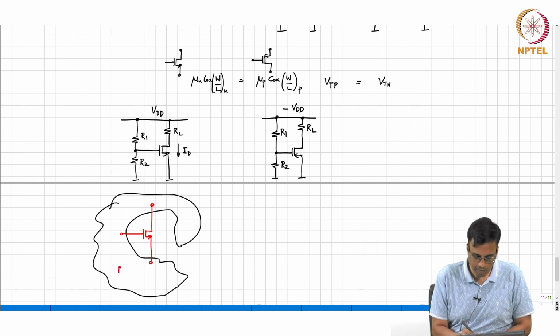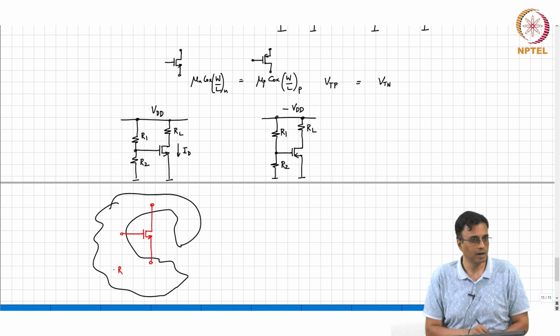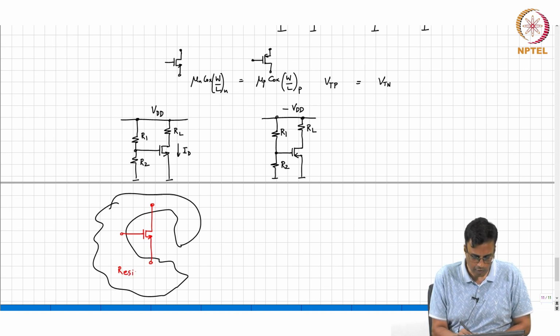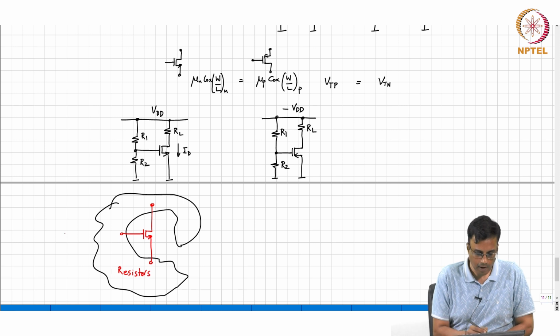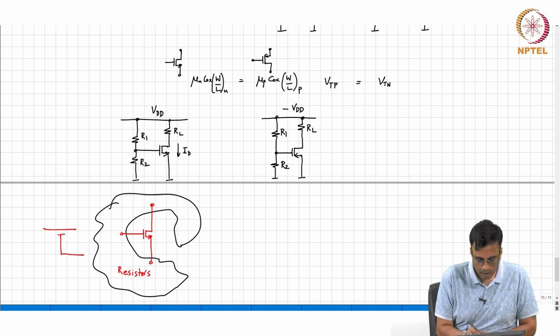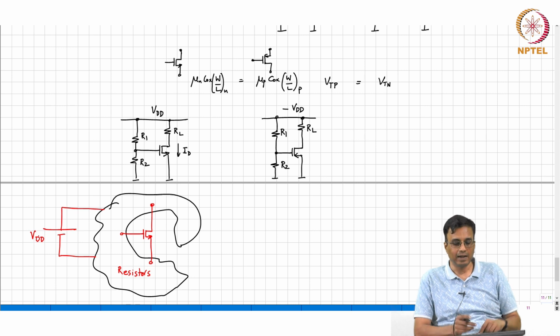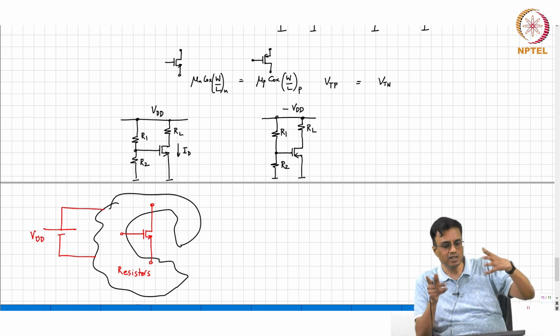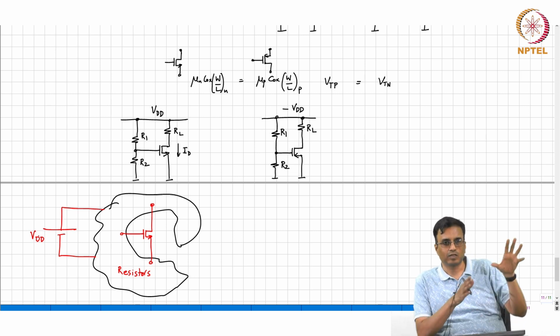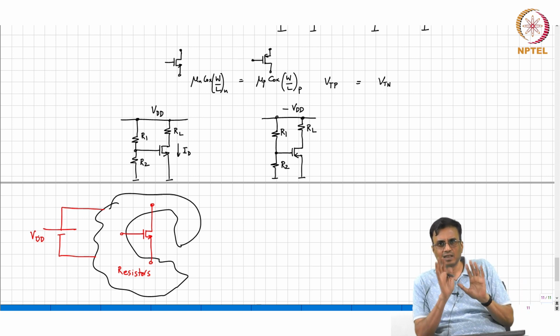This is some resistive network, which we use for biasing, correct? And there is a battery VDD, and the operating point is established by this combination of this battery and this resistive network, correct.